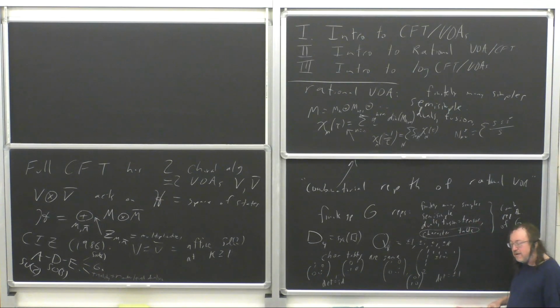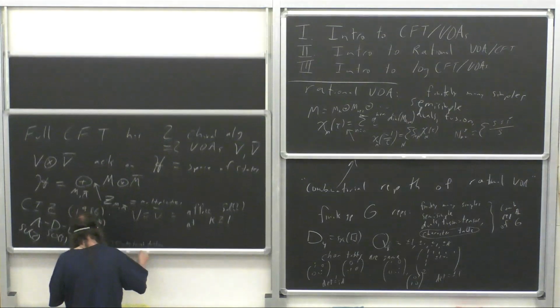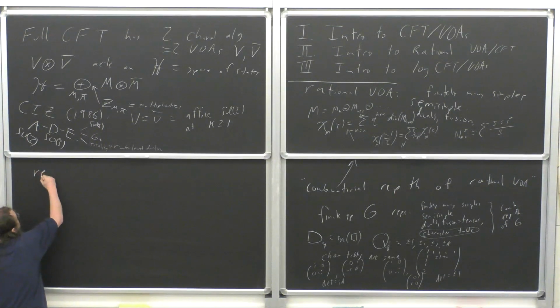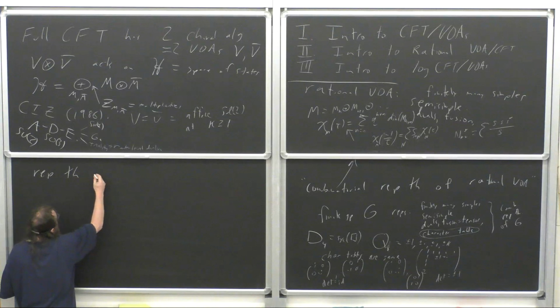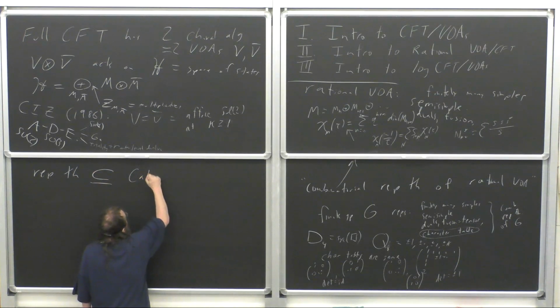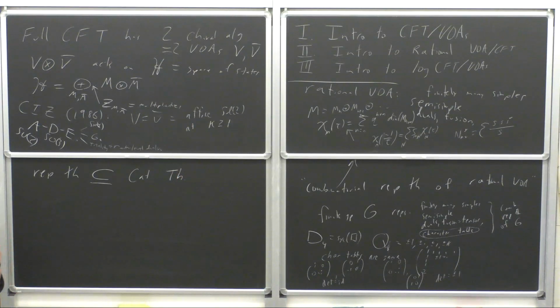And the modern way to think about the extra data that you need is category theory. So a slogan that is surely true is that representation theory is just category theory. I'm not saying this is a happy slogan, but I'm saying that this is the slogan.